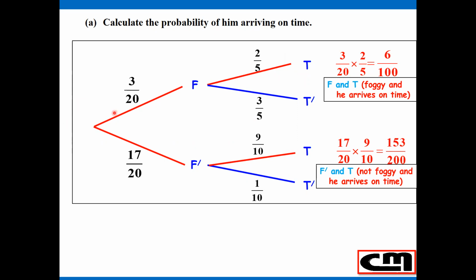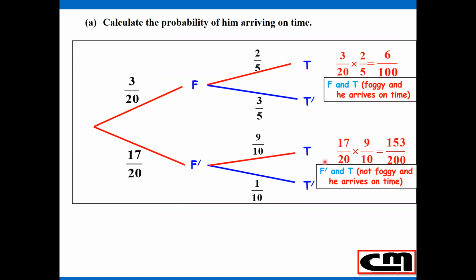That means if I follow this, which is 6/100, that's the probability of F and T, then the probability of F prime and T is 153/200.